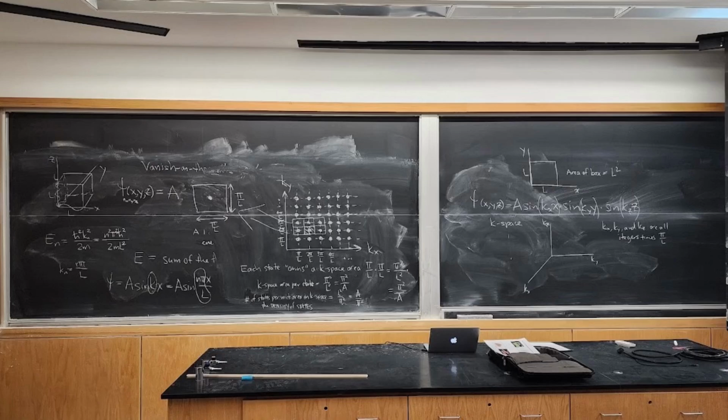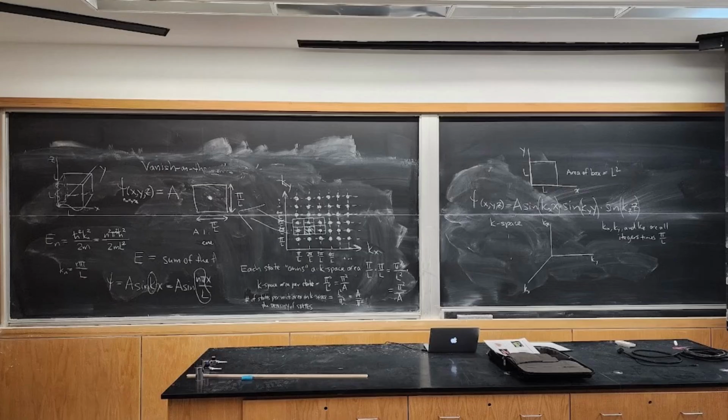But every state kind of has its own personal volume of K space that you can say it gets, so to speak. It owns. In other words, if you drew a bunch of squares centered on each dot, which can represent one of the allowable energy eigenstates, you would completely fill the space. And let's see, how wide is one of these squares?